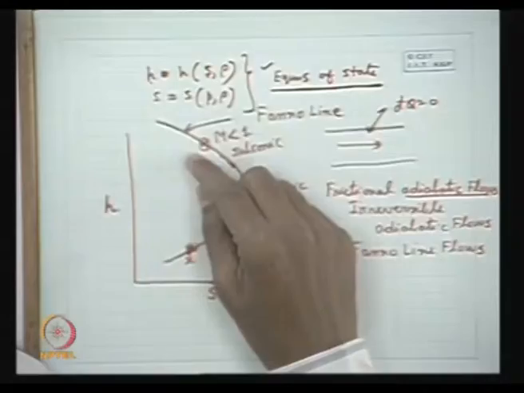First we deduce, or draw, the locus of the points in the HS plane for a type of flow where friction may be there, but there is no heat transfer and the flow obeys the steady state conditions, that means the same mass flow rate across each section. This is called Fano line flow.